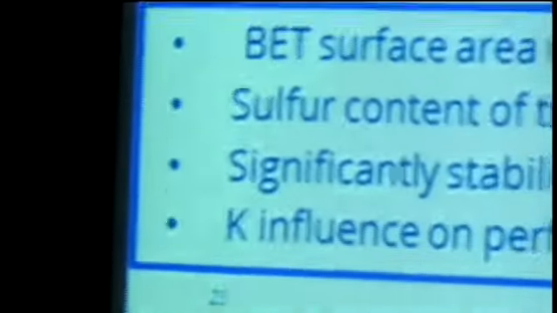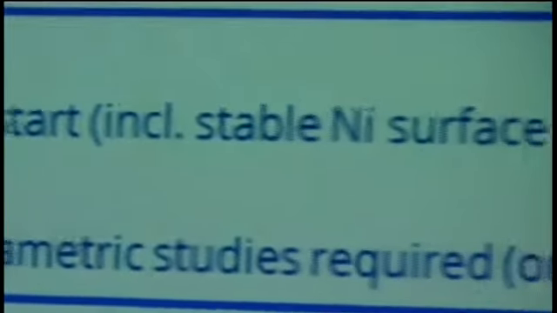So now, what is the result? If we start from a pre-treated catalyst, and we add 11 ppm of potassium chloride as before, what we observe is that the sulfur stays fixed throughout the experiments. The BET is nearly constant throughout the experiments.